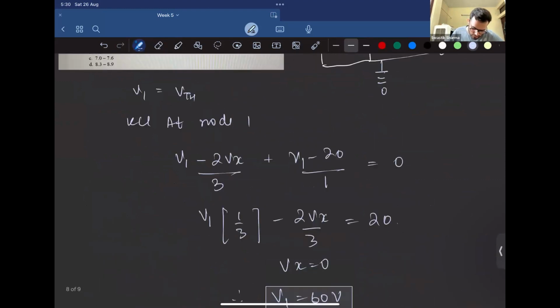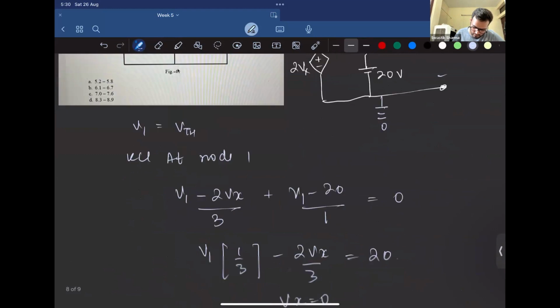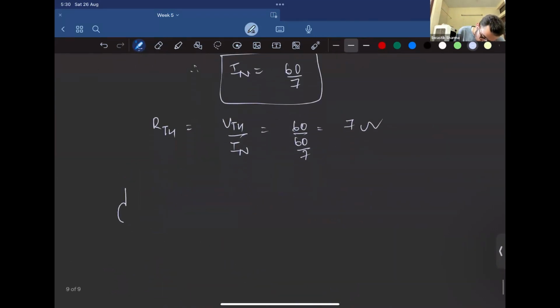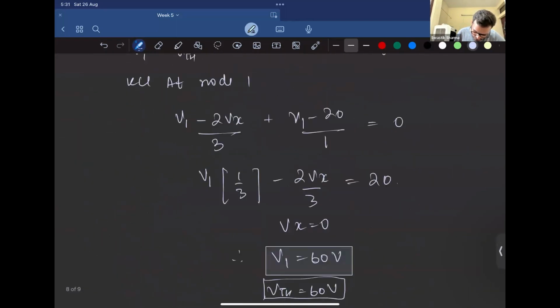So the question was, we needed to find the value of R given that VTH is 60 volt, RTH is 7, and we have some R, and it absorbs 20 watt.